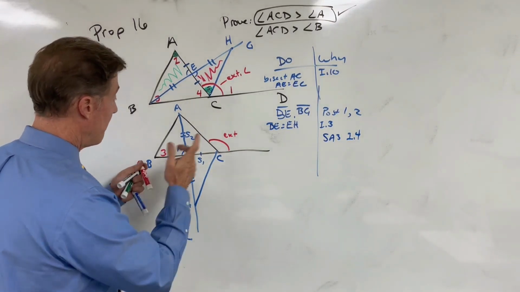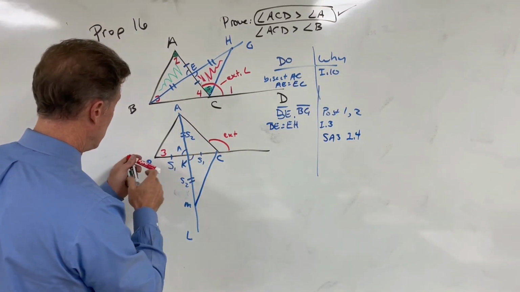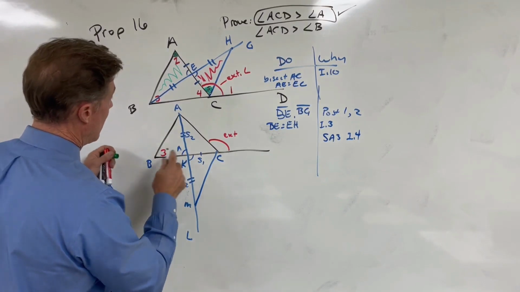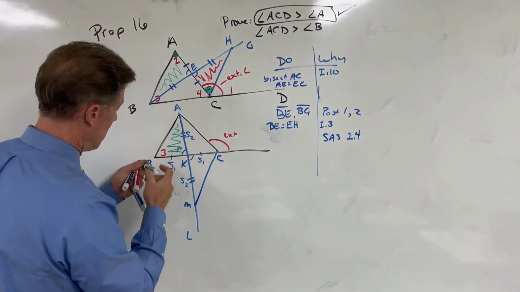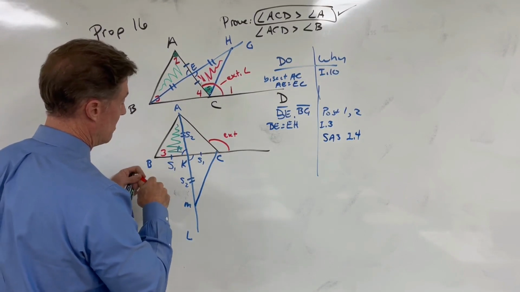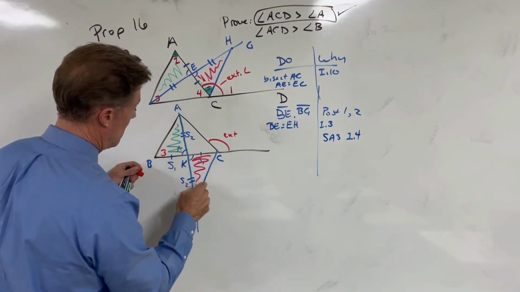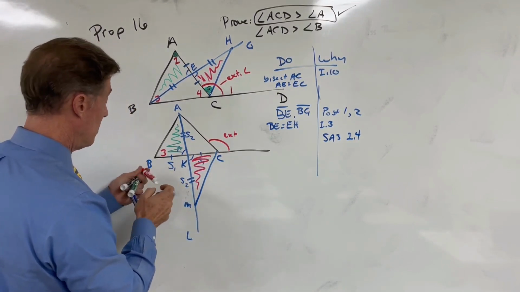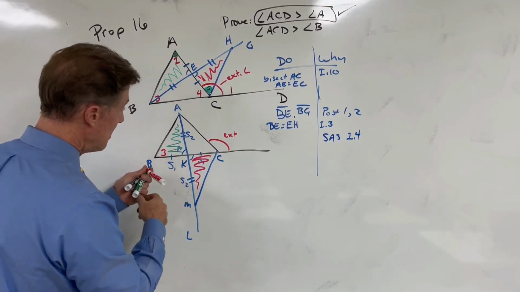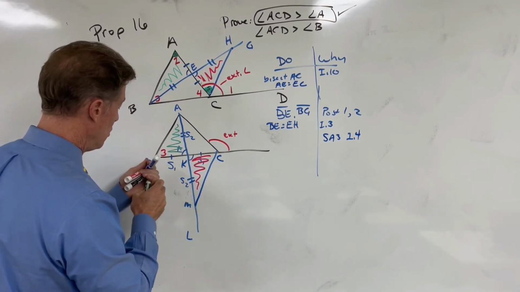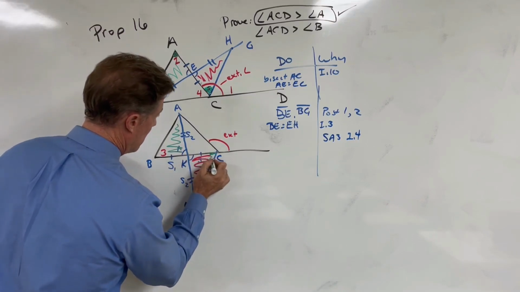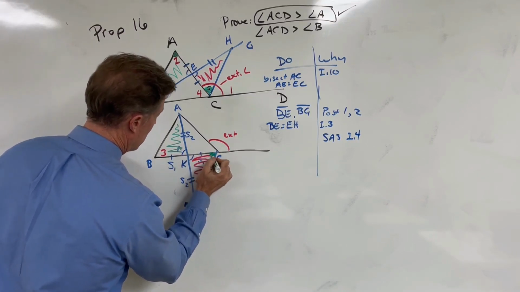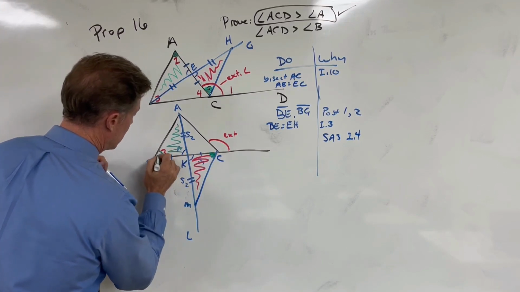And therefore we have two equal triangles, just like we did up here. So this triangle is equal to this triangle. And particularly, we want to look at angle 3 being equal to this angle here. So I'm going to color block this angle, and this is equal to this angle here, angle 3.